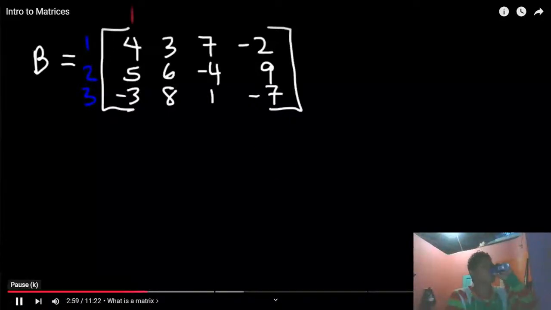And then the columns: column 1, 2, 3, 4. So the order of matrix B is a 3 by 4 matrix. It has 3 rows and 4 columns.